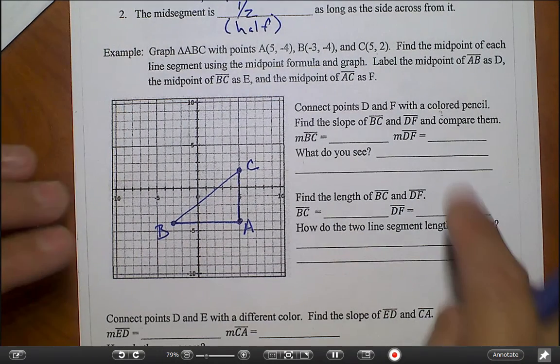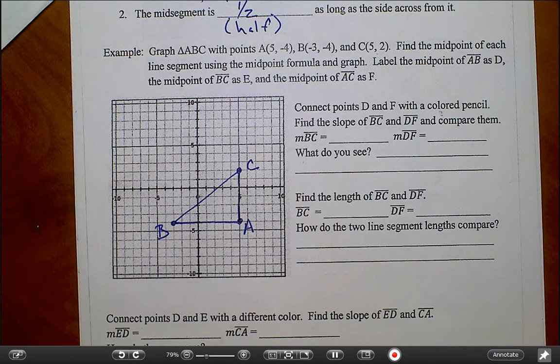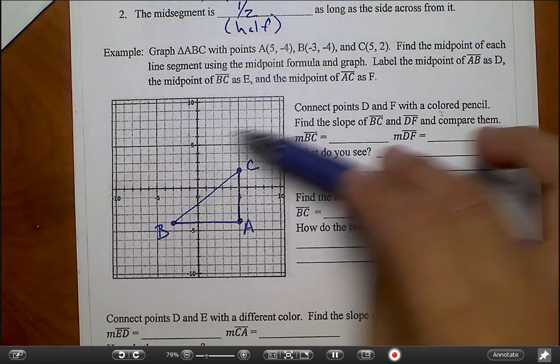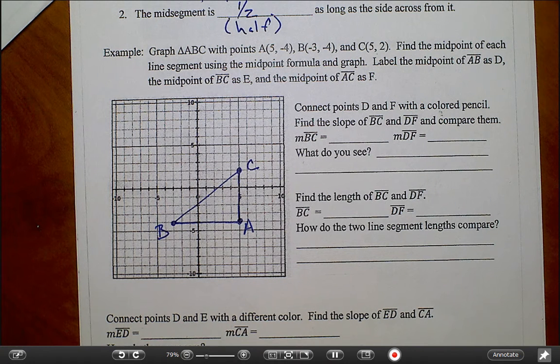Now it says, find the midpoint of each line segment using the midpoint formula and graph. Okay, so we're going to do this. Now on your page underneath, on page 11, we're going to actually do some work.